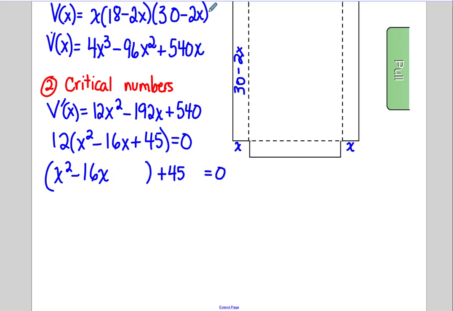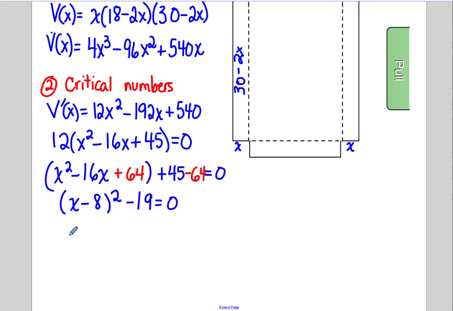So we have x squared minus 16x. And I know from algebra that half of 16 is 8, and 8 squared is 64. So we could add and subtract 64 without changing the problem, and know that we have x minus 8 squared as a perfect square trinomial, and 45 minus 64 is negative 19.